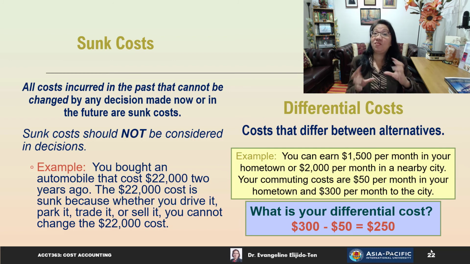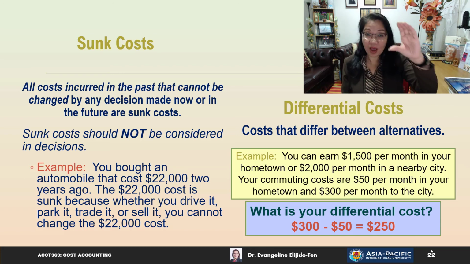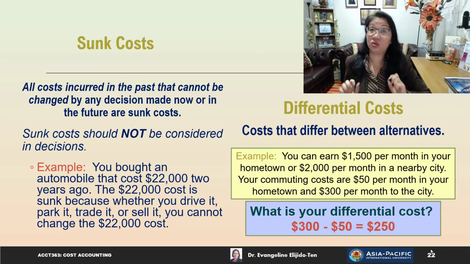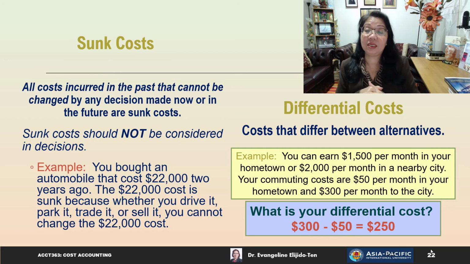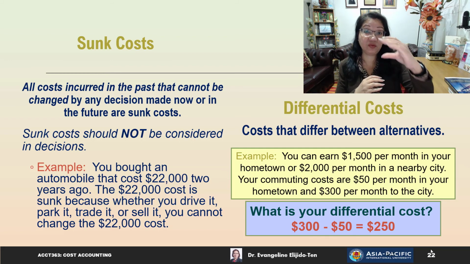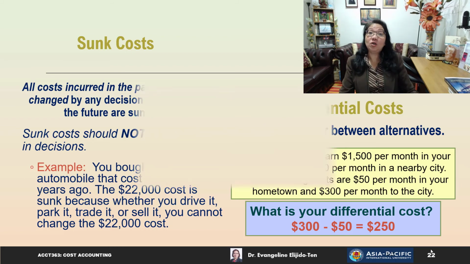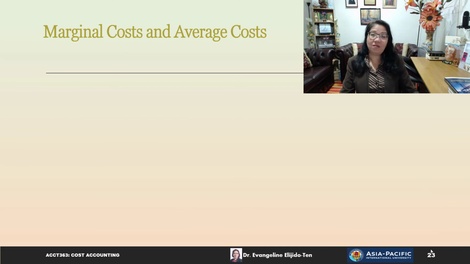So your differential net earnings would be 500 minus the differential cost of 250 equals $250. So you are still better off to work in the nearby city because your differential earnings is 500 and your differential cost is 250, thereby giving you a positive balance of $250.